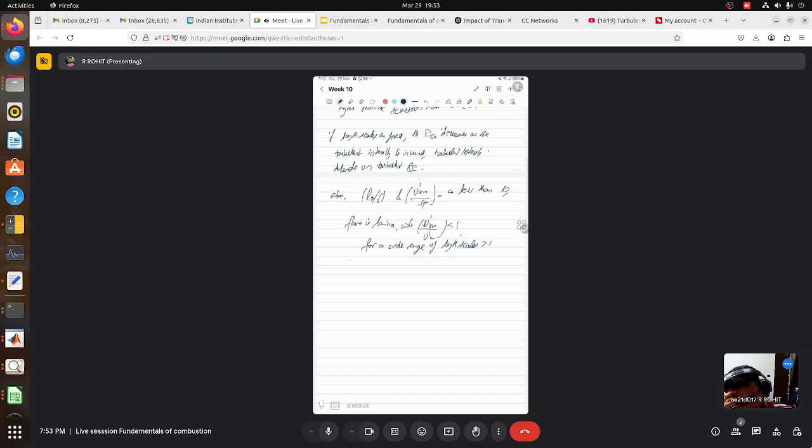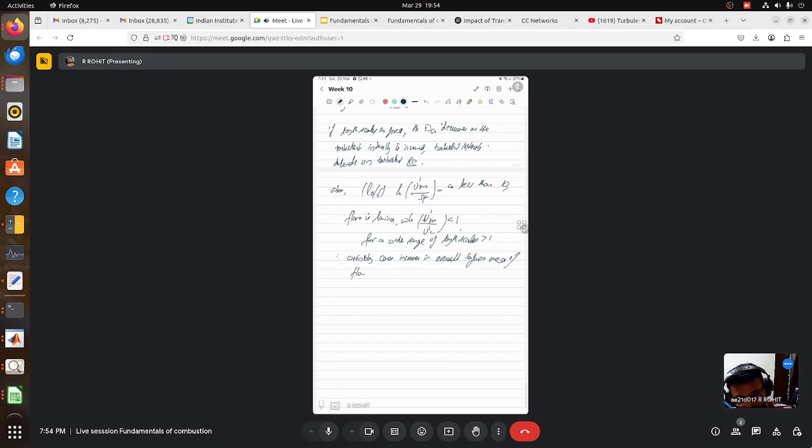And so the wrinkling causes an increase in the overall surface area of the flame, then your turbulent flame speed ST increases, as ST by SL is approximately equal to a function of V prime RMS by SL.